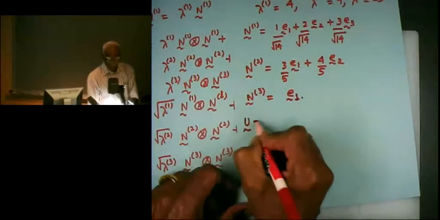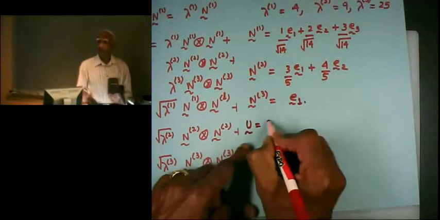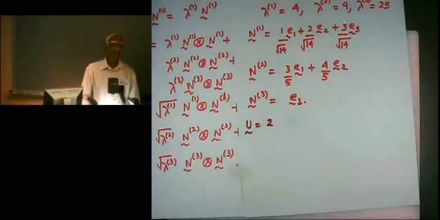So U: square root of lambda 1 is 2. Remember, you have to take positive values. Stretches are positive.